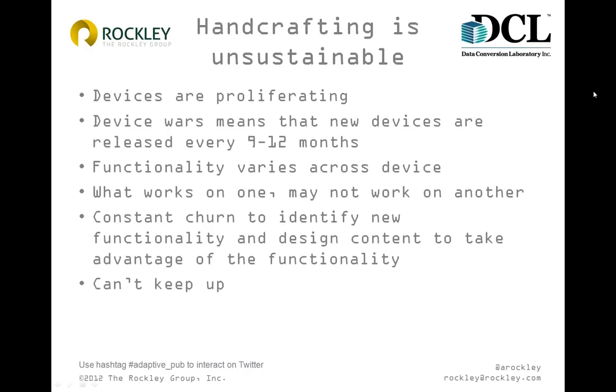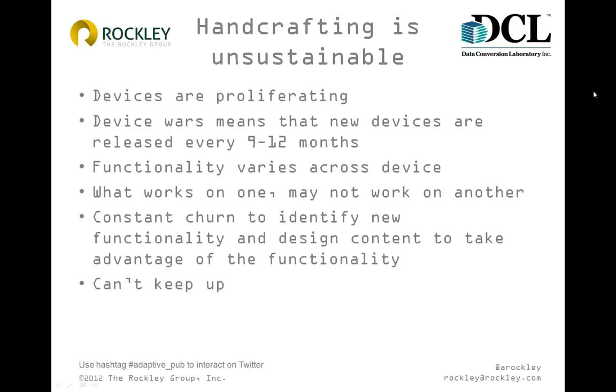We don't have the time to do that. We don't have the bandwidth, we don't have the resources to continue to do that. And the devices are proliferating. On average, we're seeing approximately a device appear every 9 to 12 months. And that's for one company.